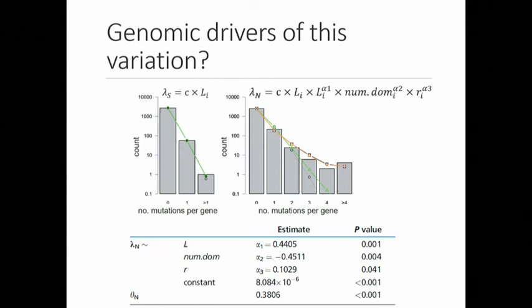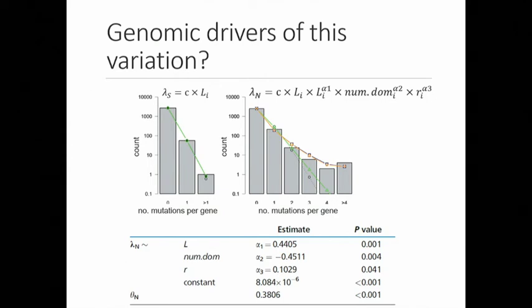I won't try to explain what all of these factors mean in terms of why we might expect them to be driving selection, but the important part is that we can find these genomic variables that are significantly explaining some of this variation.